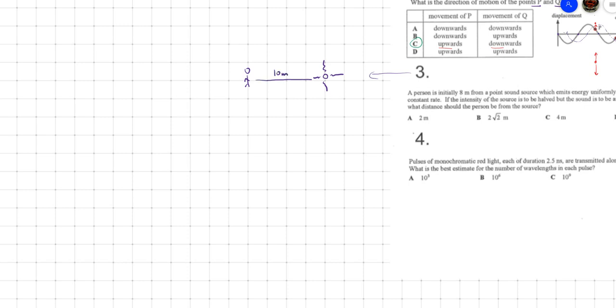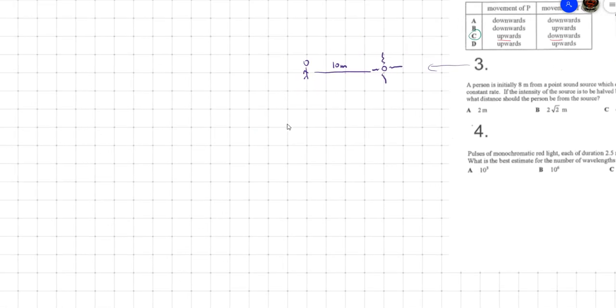Now, if you remember, the equation for intensity is equal to power over the surface area, because the sound is being emitted in all 360 directions. So this is power over 4 pi r squared, because that is in 3 dimensions.